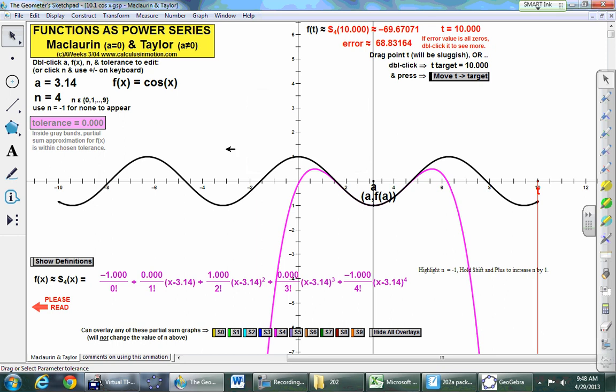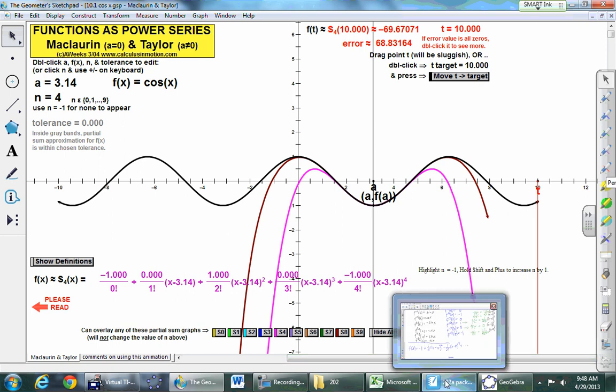So your question is, does this guy right here agree with the cosine curve, like really agree perfectly? And the answer is no. It really only agrees at the one spot we made it agree, which was at x equals pi. It's going to be very, very close, but not equal, when you move a little bit left or right. Good question.